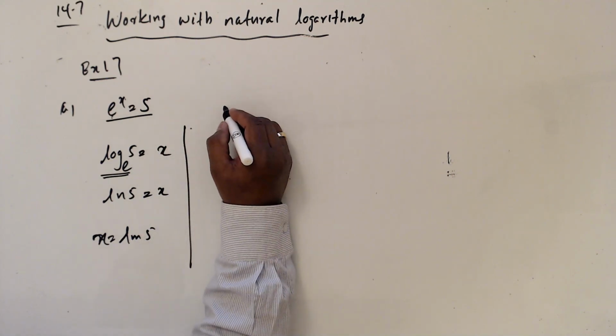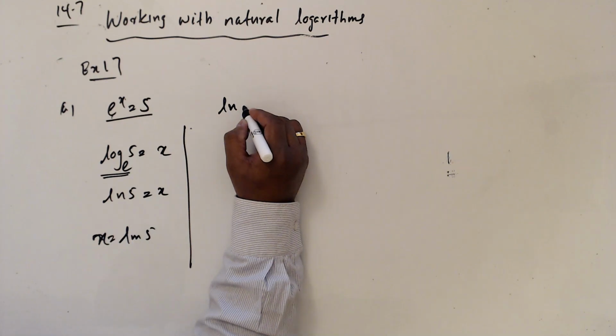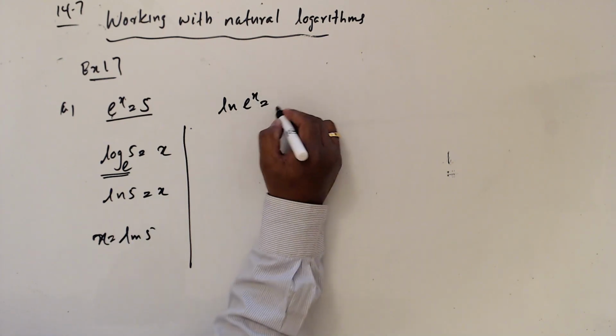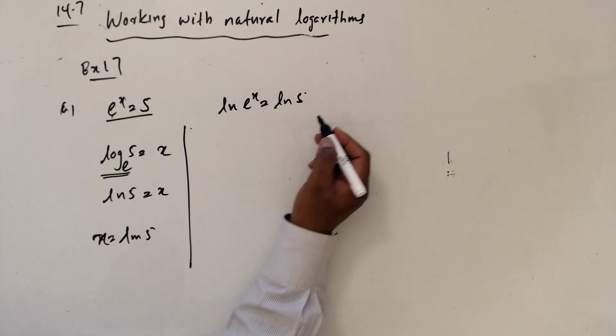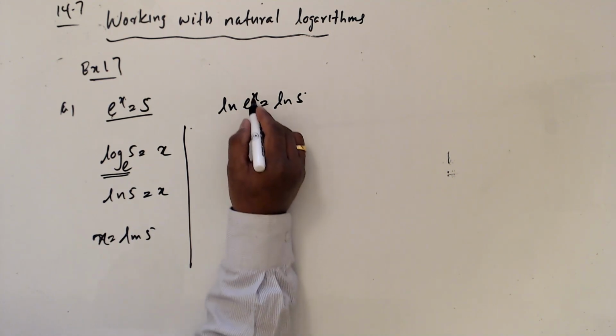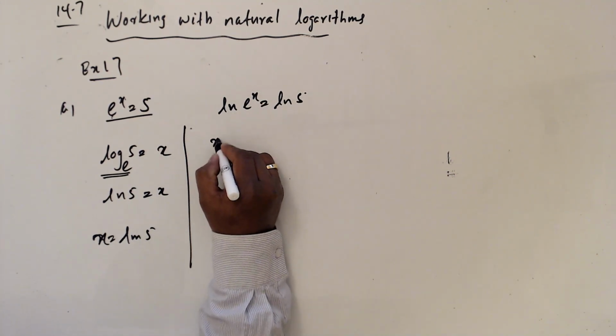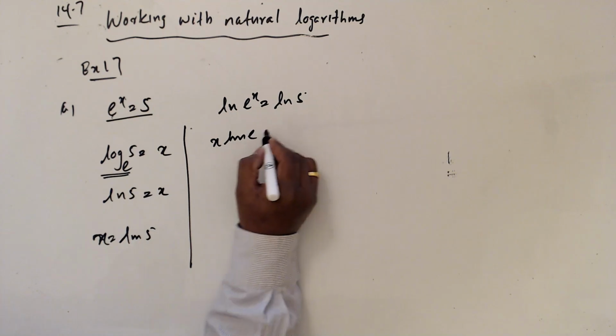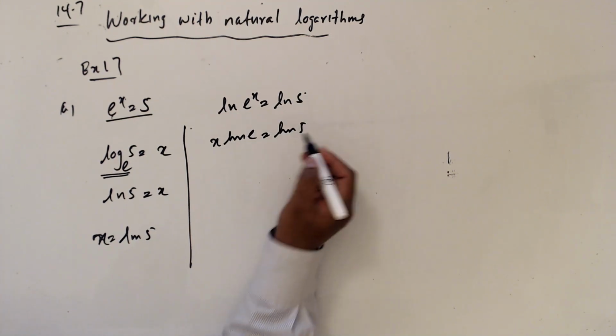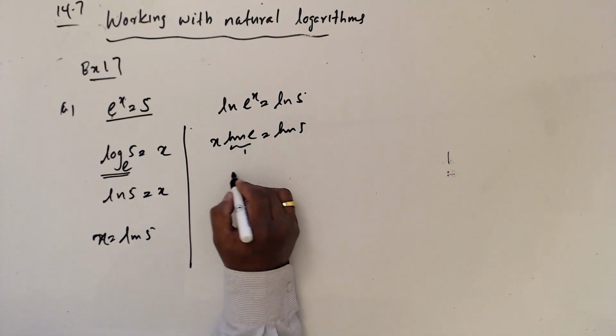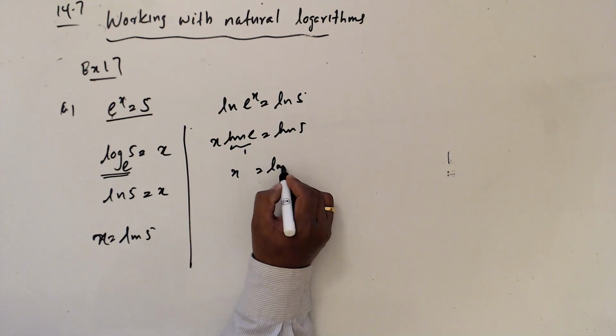I can apply ln to e to the x and ln to 5. Then x comes out: ln e equals 1, so x equals ln 5.